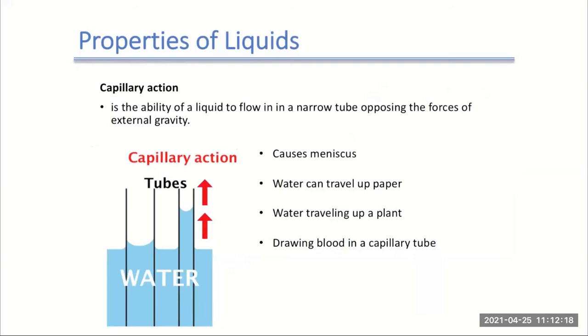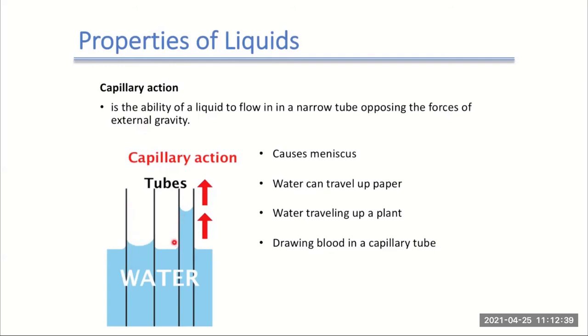And then thinking about this tension and this interaction with the surface, that's where you start looking at capillary action. And so capillary action is the ability of the liquid to flow in a narrow tube opposing forces of gravity. So what happens is if we have our tube here, you would take it, put in water, some water would just start to rise up.